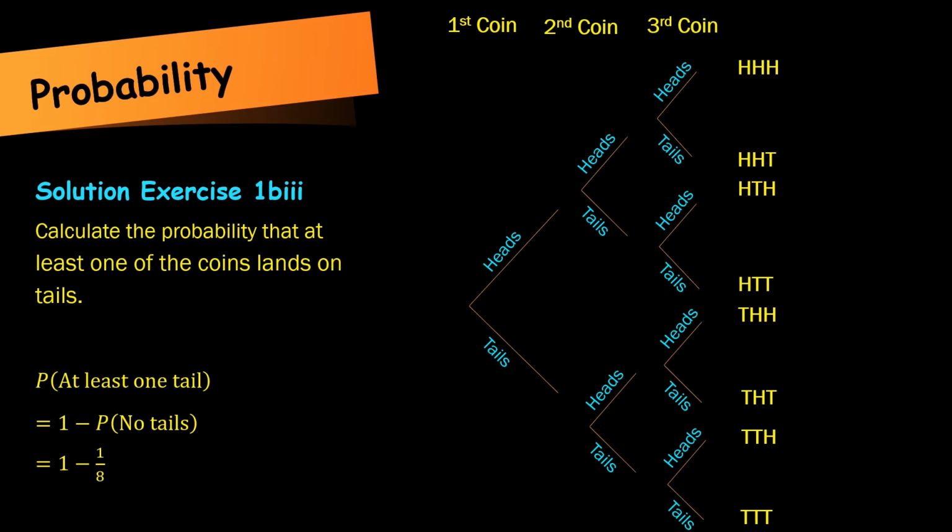And of course that's 1 minus 1 over 8, because the only way we can obtain no tails is heads, heads, heads. And of course the probability of heads, heads, heads is 1 out of 8. So the probability of at least one tail is 7 out of 8.